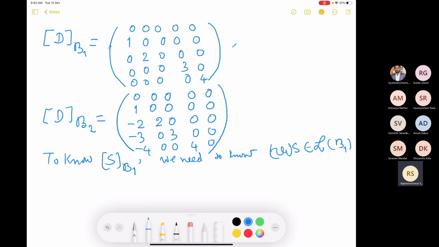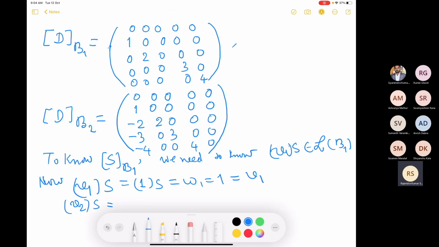That's what we want to know. Now, what is V1S? V1S is W1. W1 is 1. So this is the same as V1.